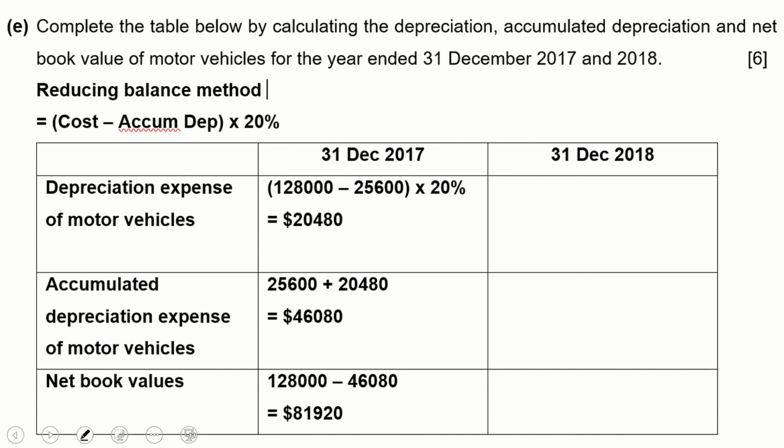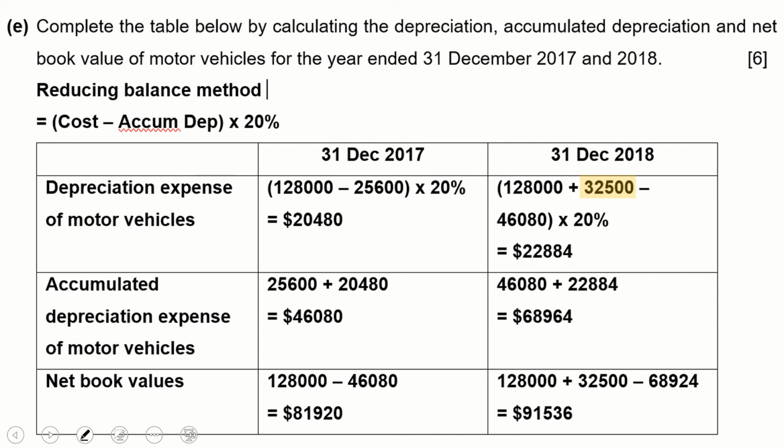You have not bought your new motor vehicle yet, so there is no change to the cost. The accumulated depreciation is also what is given to you in the question above. So you just need to take the cost minus accum depre times 20%. Most students are able to calculate this.